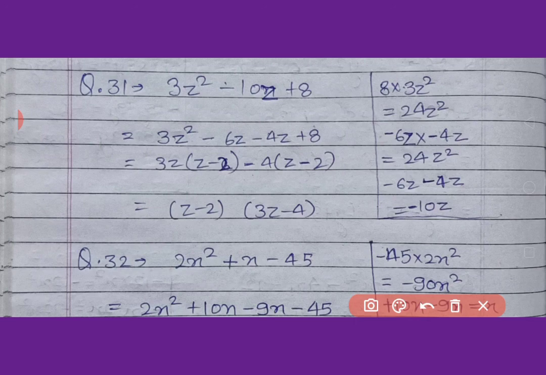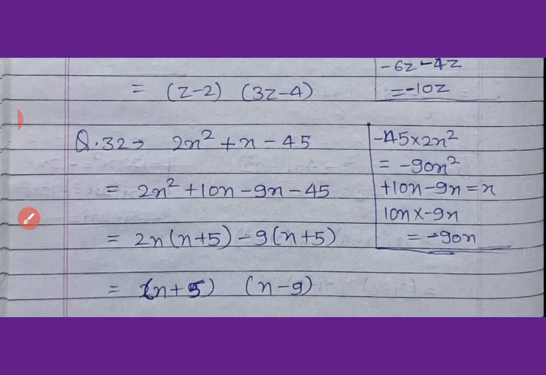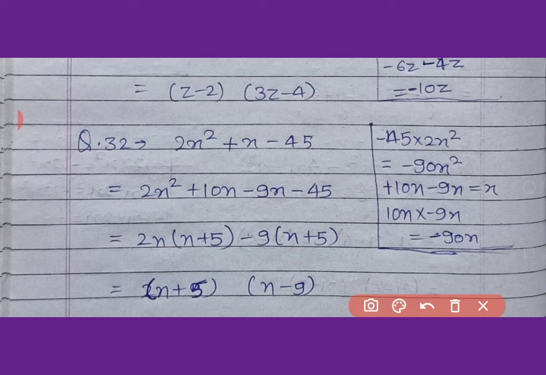But whenever the last term is minus and the middle term is plus or minus, in both conditions the answer is coming with one bracket positive and one bracket negative. So we have to go on to the next.